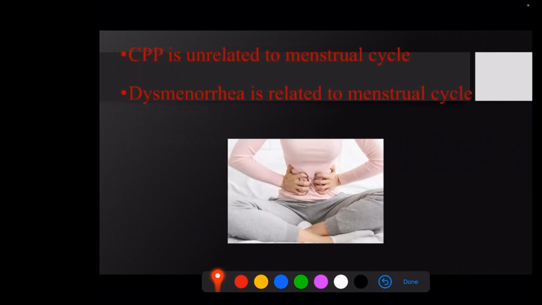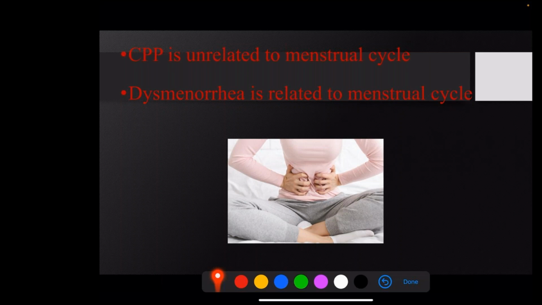The CPP is unrelated to the menstrual cycle, but dysmenorrhea is related to the menstrual cycle. CPP may be caused by gynecological, urological, gastrointestinal, musculoskeletal, neurological, or psychosomatic conditions. So many conditions can cause this CPP, but in endometriosis also you can see chronic pelvic pain. The gynecological conditions causing CPP are endometriosis, chronic PID, pelvic adhesions, adenomyosis, etc.